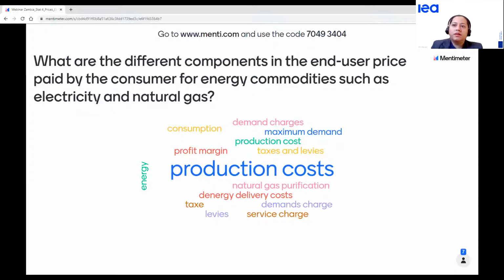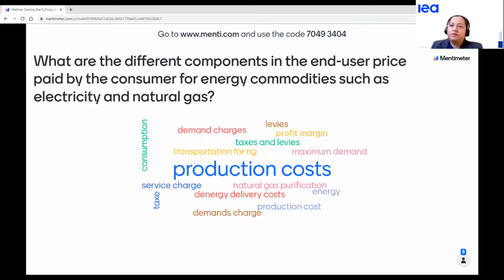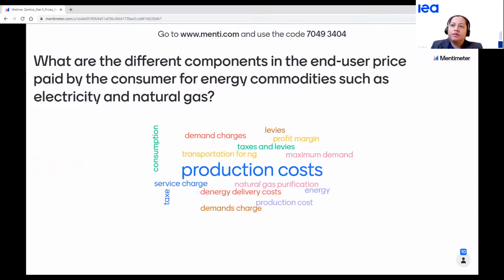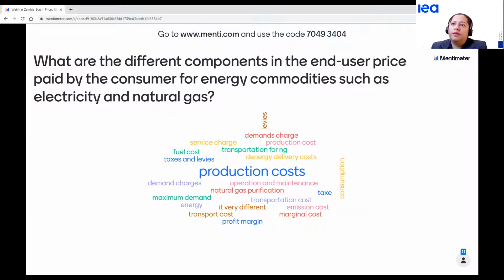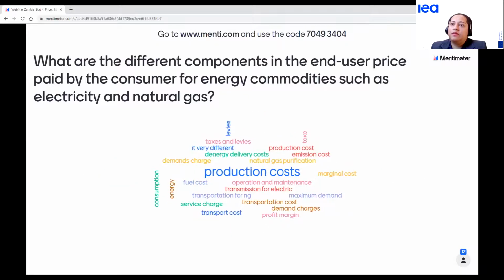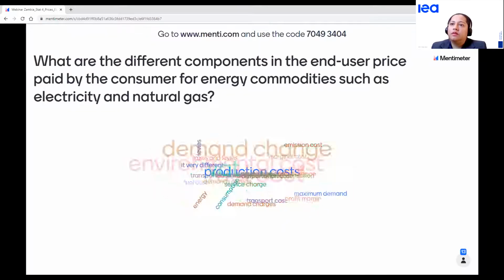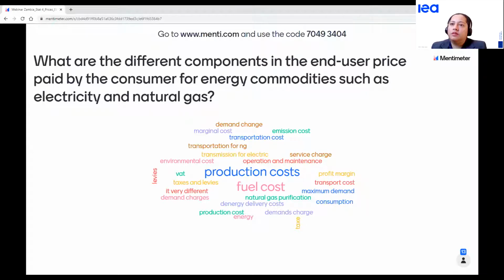We have more and more answers getting in. Delivery cost, very good. Fuel cost, marginal cost. Transportation cost, yes. There are many costs. Emission costs, yes. For some fuels, there are some emission costs now. Transmission for electric, yes. Environmental cost, yes. Operation and maintenance.